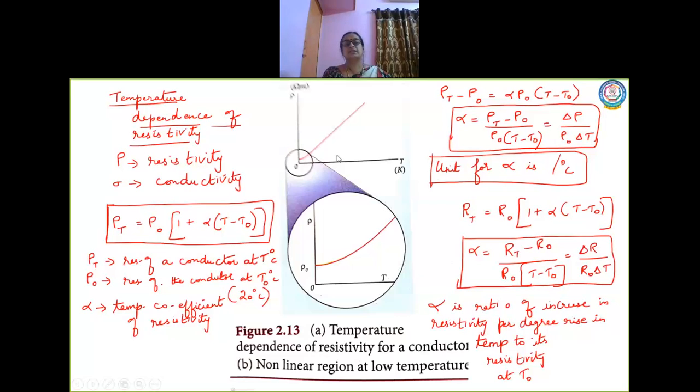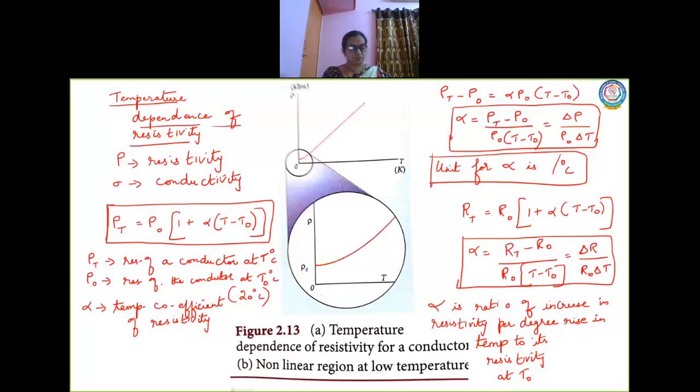Actually, as far as metals are concerned, when you increase the temperature, the resistivity also will increase, whereas in the case of semiconductors, it is not like this. We are going to learn about a very important semiconductor which is called a PN junction diode, a diode which is made up of silicon, which is considered to be a semiconductor. Silicon and germanium, they partially conduct, so they are called semiconductors.